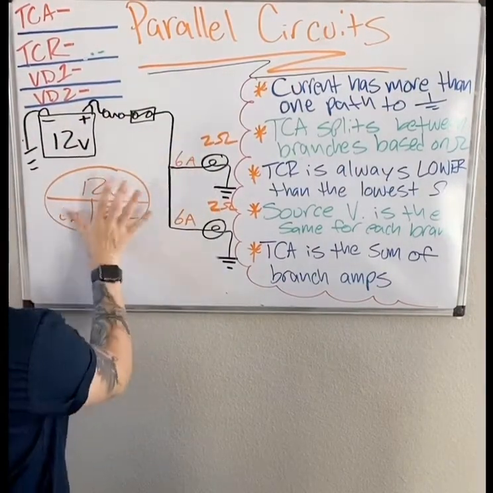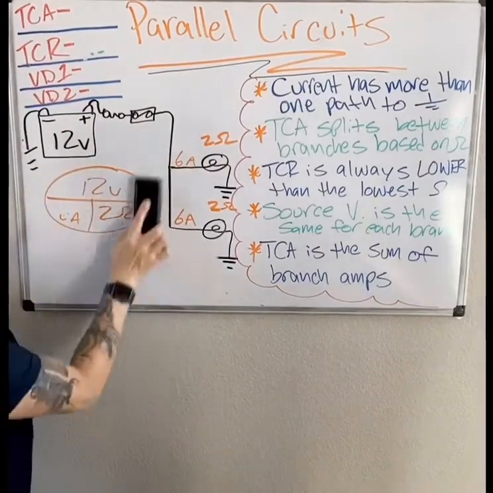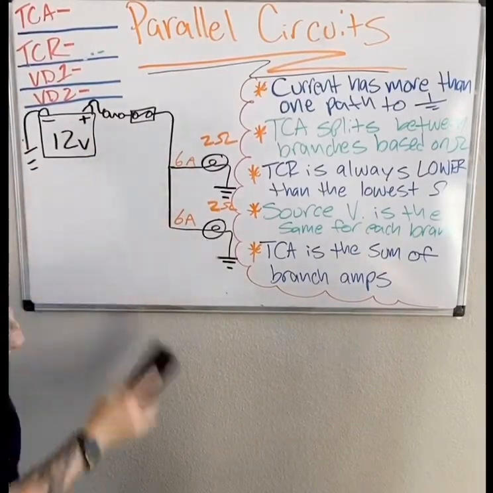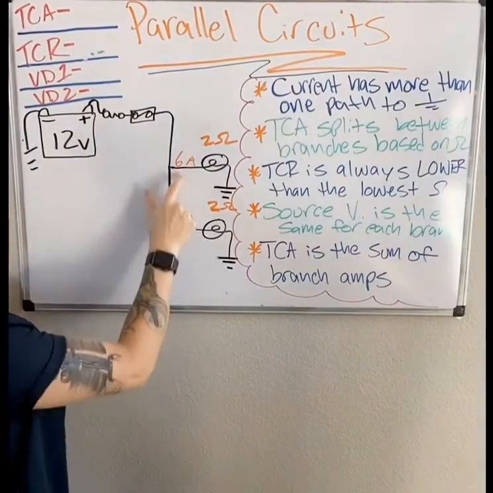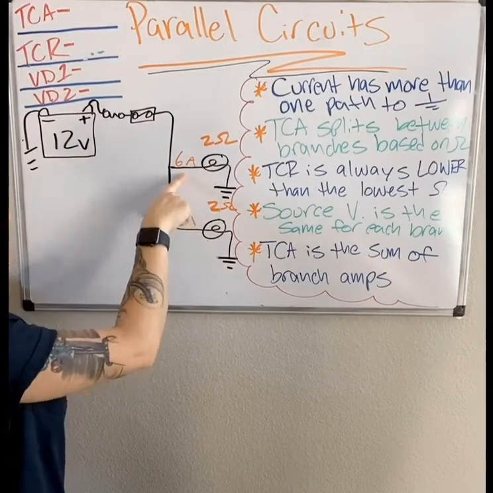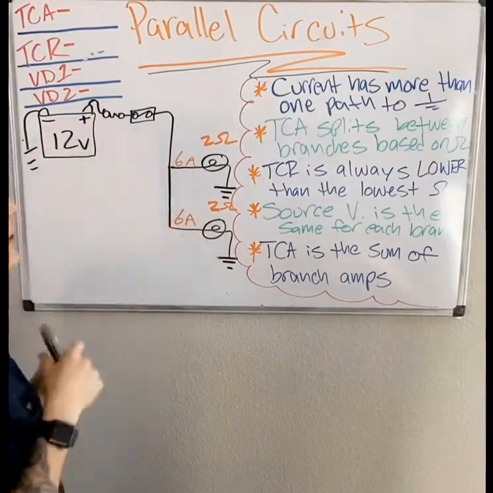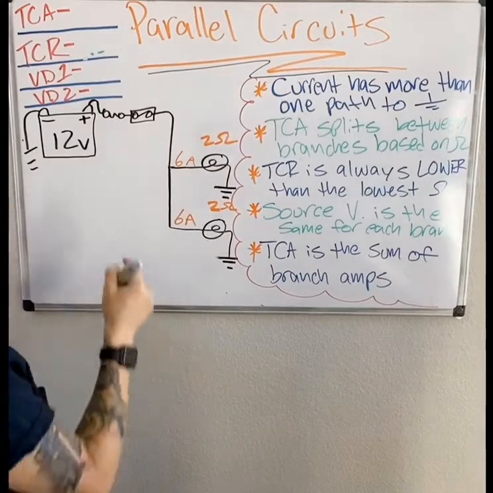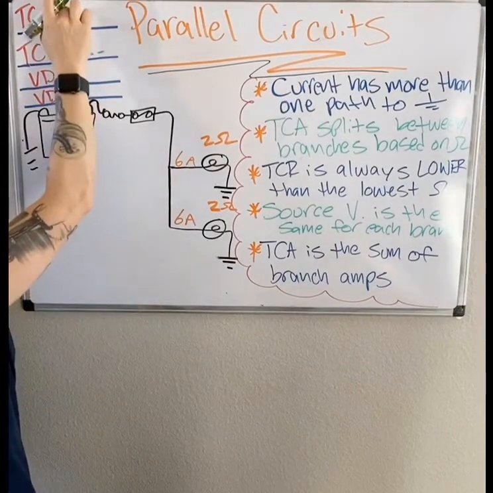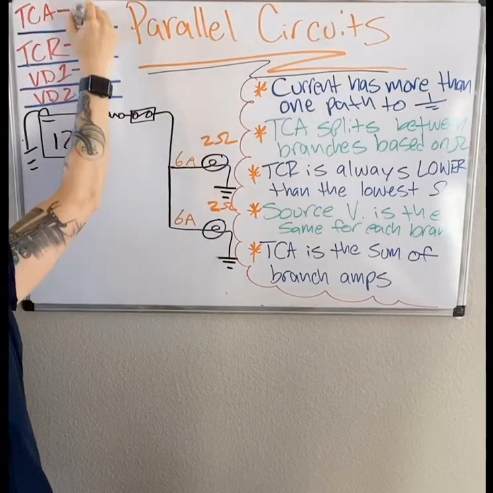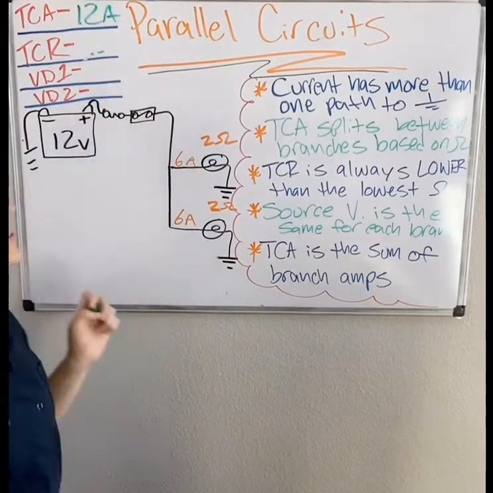We're going to get rid of our Pokeball here so we don't get confused. So we take 6 amps in branch 1 and add it to 6 amps in branch 2, and that gives us a total TCA, or total circuit amperage, of 12 amps.